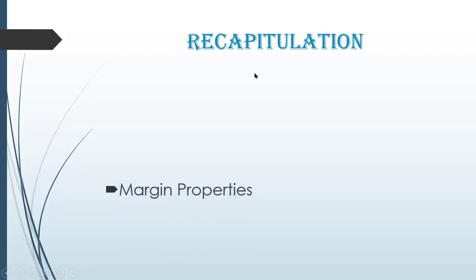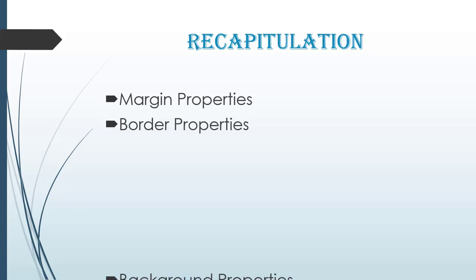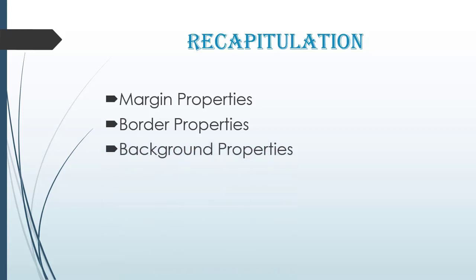So students, in today's lesson we have discussed margin properties, that is margin, margin left, margin top, margin right and margin bottom. We have also discussed some border properties, that is border, border color, border width, border style, etc. Some background properties are also used in HTML5.